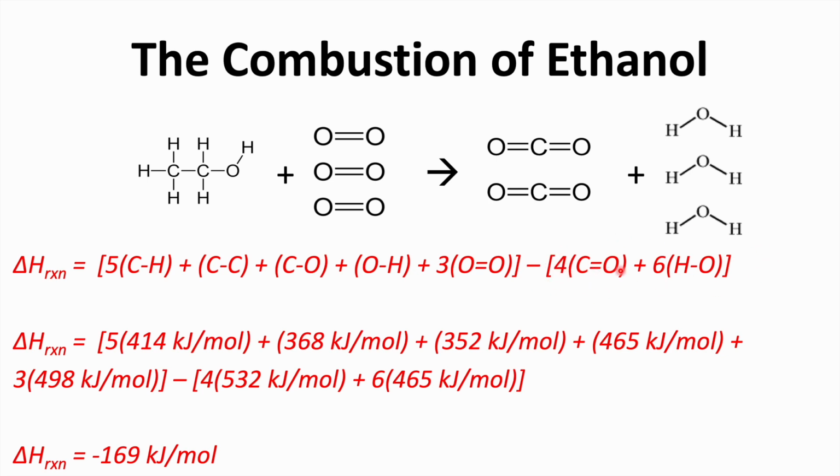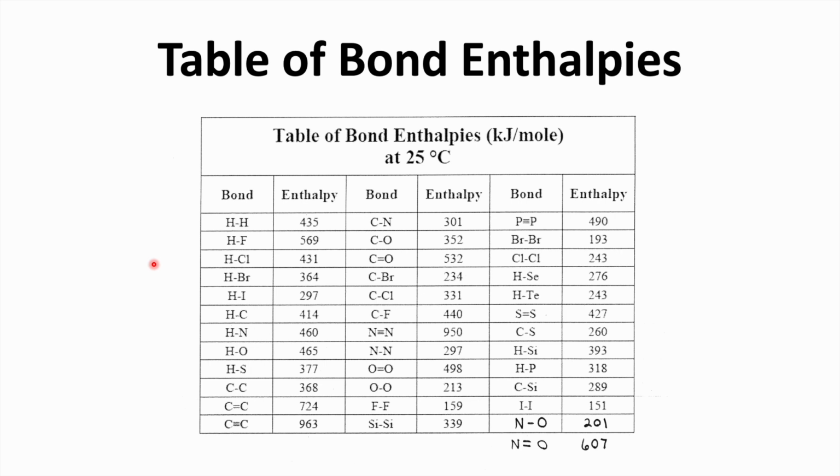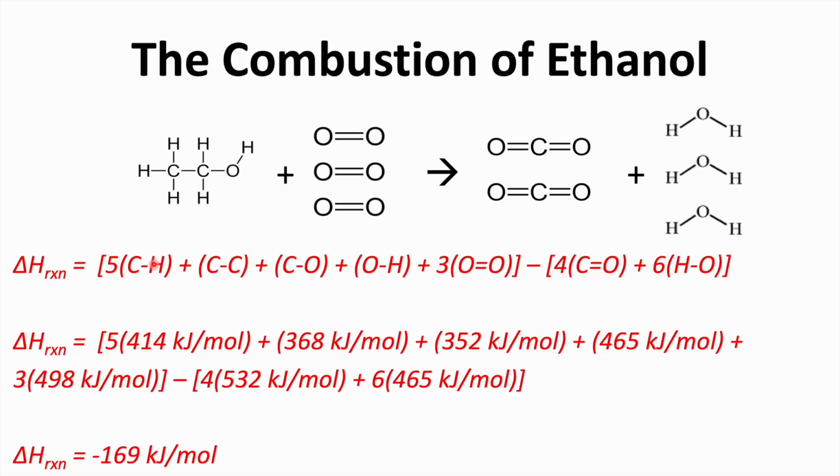So there are 4 carbon-oxygen double bonds, 1, 2, 3, 4 in the products, and there are 6 hydrogen-oxygen single bonds, 1, 2, 3, 4, 5, 6. And so again, this is going to be the bond enthalpy of our bonds formed. So then we use the table of bond enthalpies, and we're going to substitute in the numbers for each of those bond types.